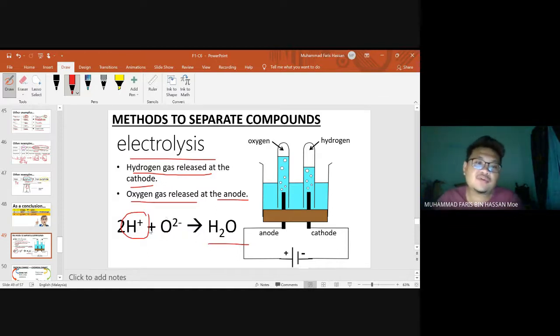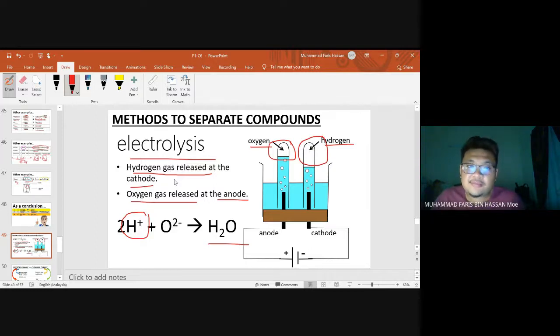So the positive ion reacts with the negative ion to form a non-charged compound. So the compound has no charge at all. As you can see here, we got the oxygen and hydrogen. Oxygen can be collected here and the hydrogen can be collected here.